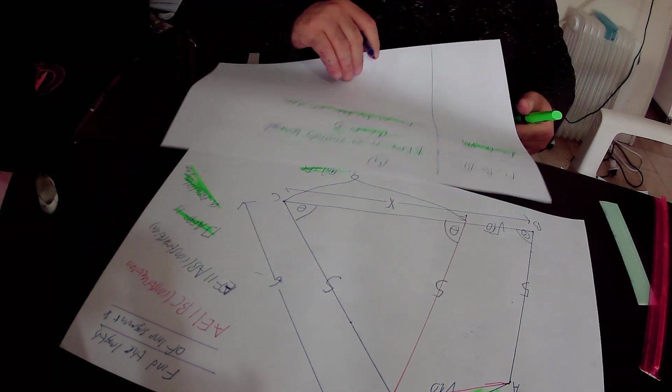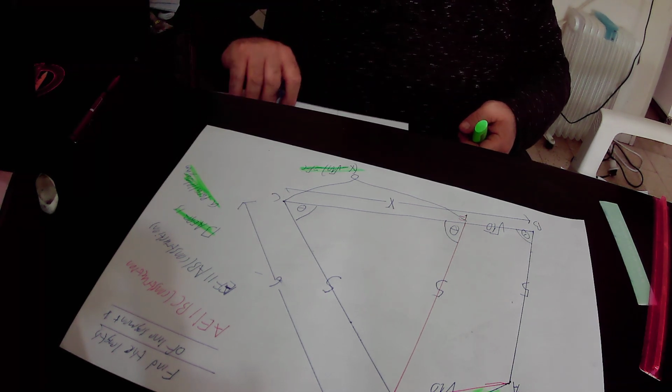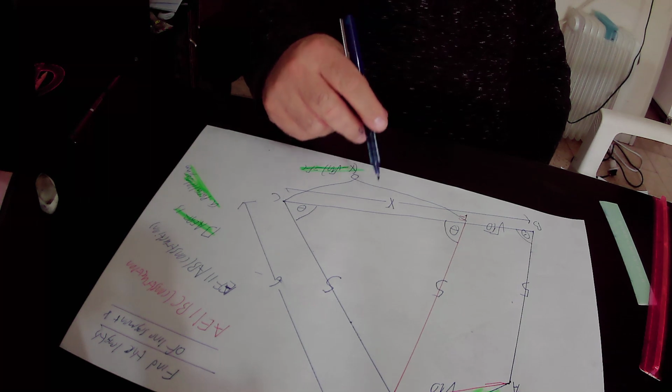And we'll do a construction here. From point E, we'll go perpendicular on FC.